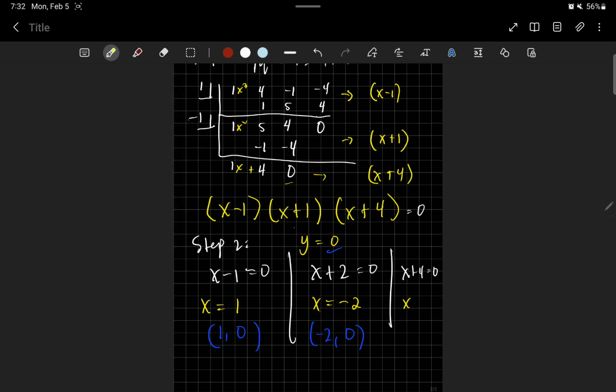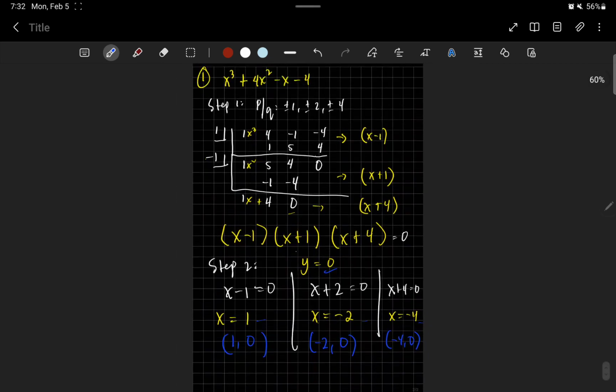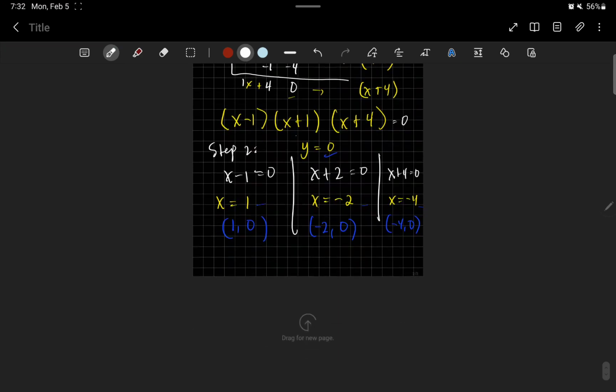So, your x is equal to negative 4. So, the ordered pair is negative 4 comma 0. So, that is for step 2, finding all the x-intercepts. The ordered pairs are 1 comma 0, negative 1 comma 0, and negative 4 comma 0.